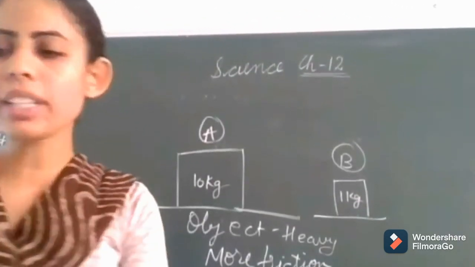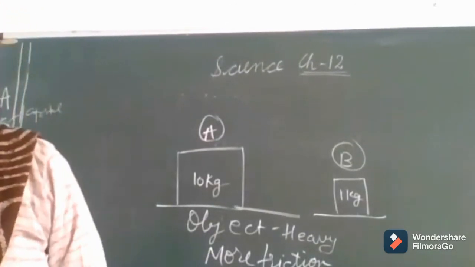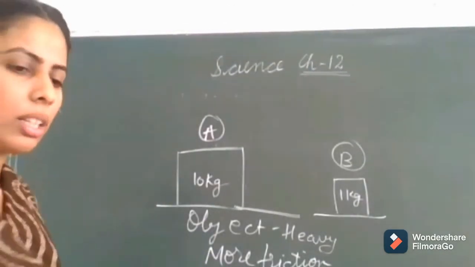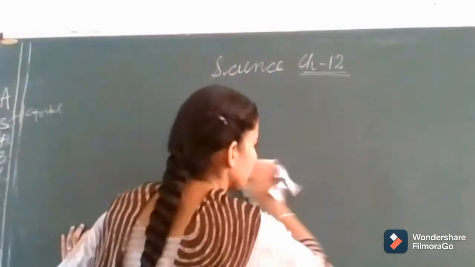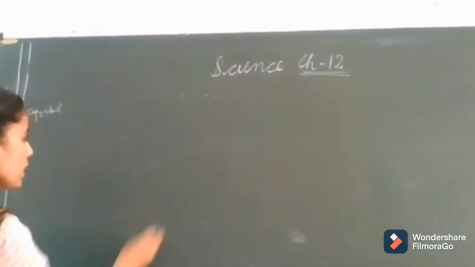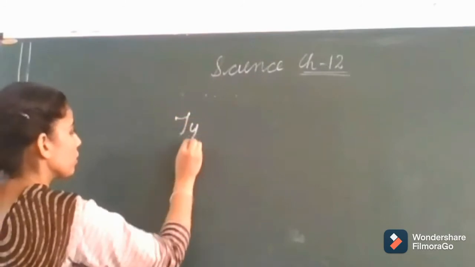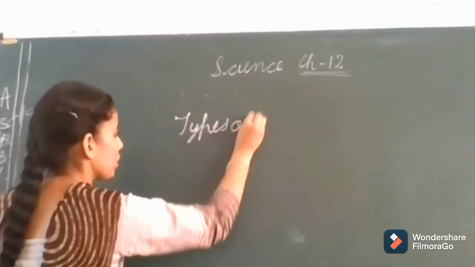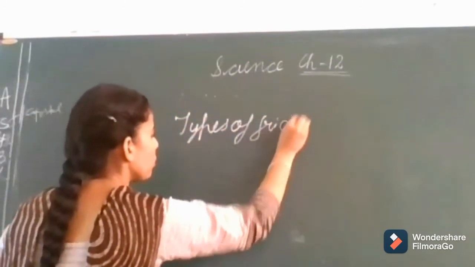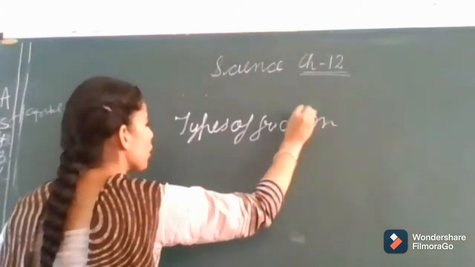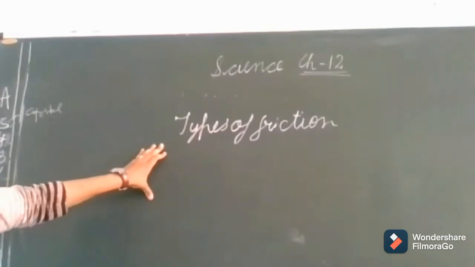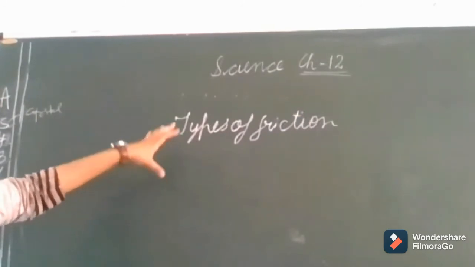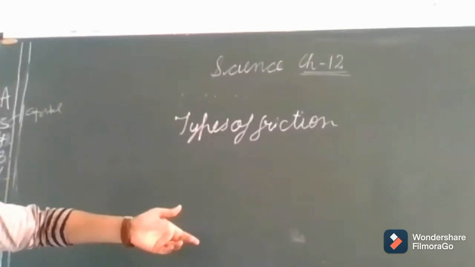So the first type is, we are studying the types of friction. Today I will only introduce you to the types of friction. We will study more about it tomorrow.